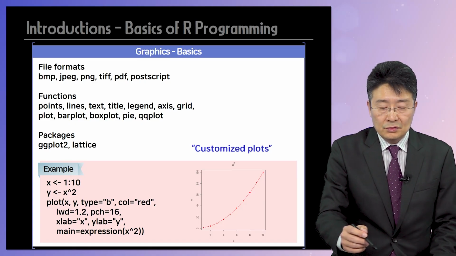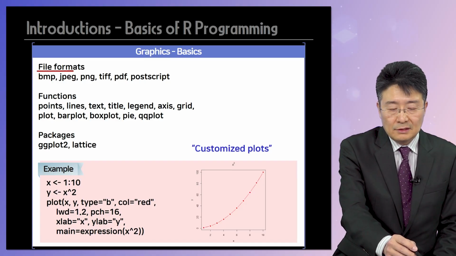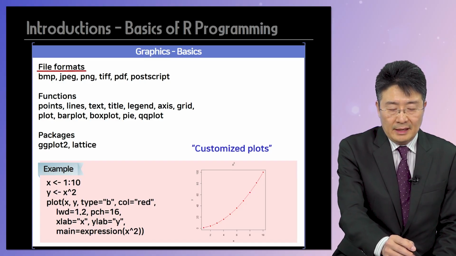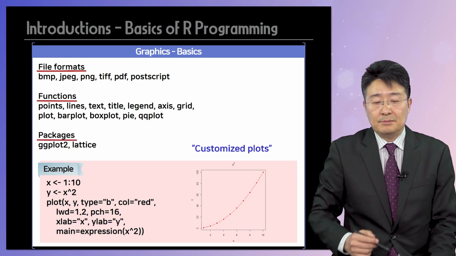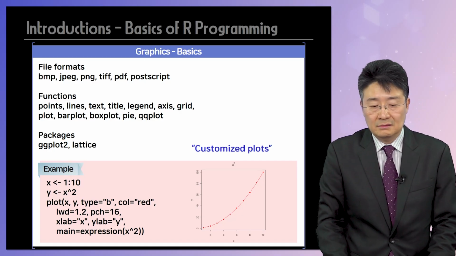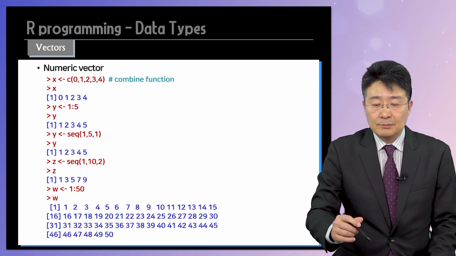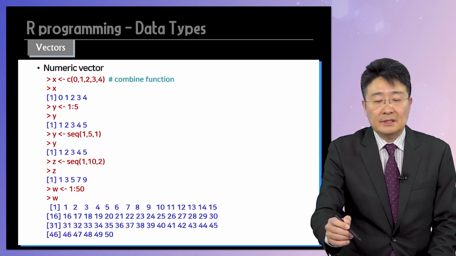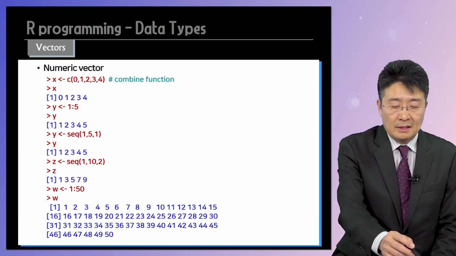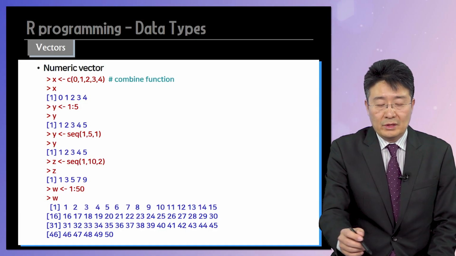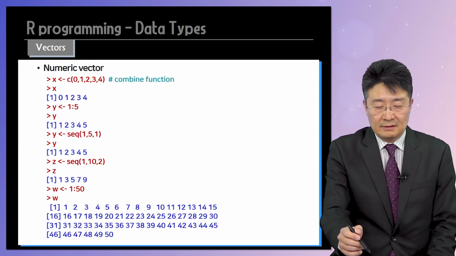Also, there are some file formats, functions, and packages for plotting in R. Let's move on to data types in R. The first is vectors. We can define a numerical vector.